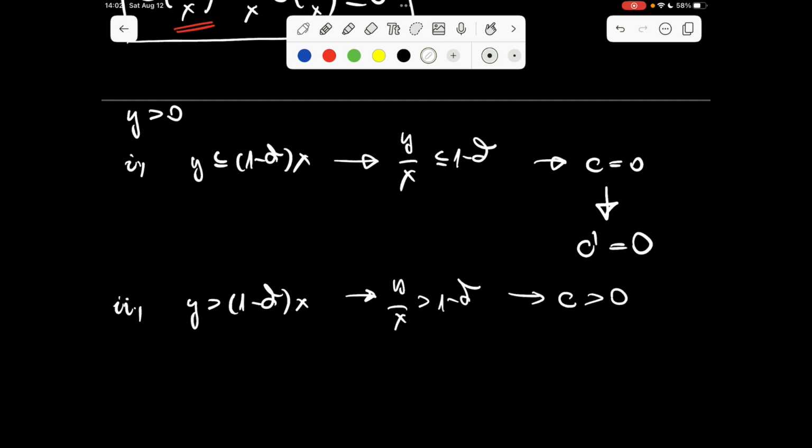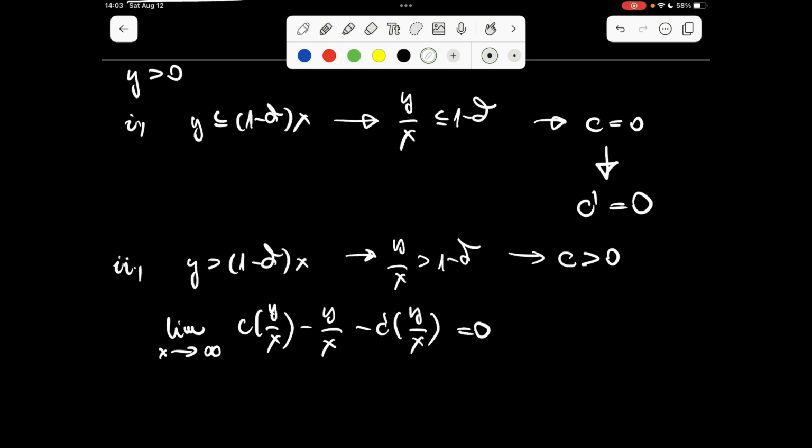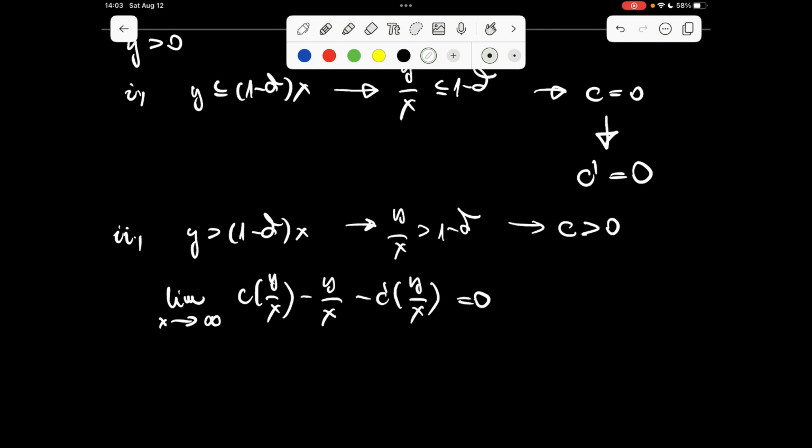Here, the cost is strictly positive, but no matter how high y is, it is true, because at any x which is appropriately high, it becomes true.